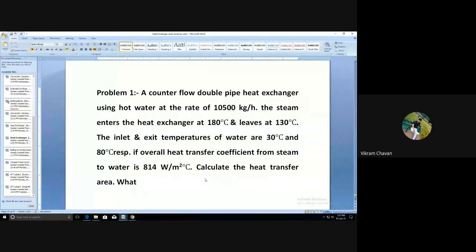What would be the increase in area if fluid flow were parallel?